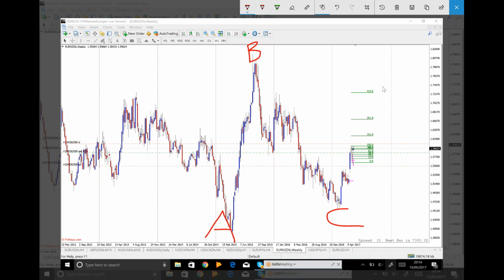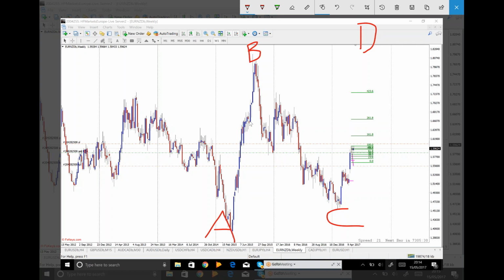Where is this market looking to go? If AB equals CD, what do you think is going to happen? You can extend targets all the way up here. Lower time frames, therefore, what are we? We're bullish on the theme, right?